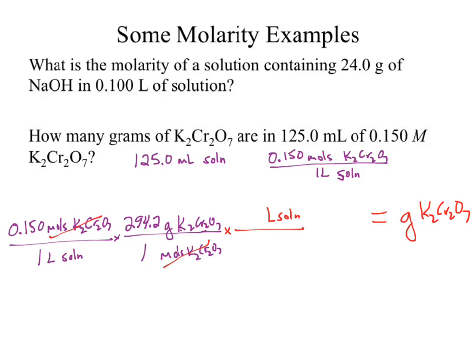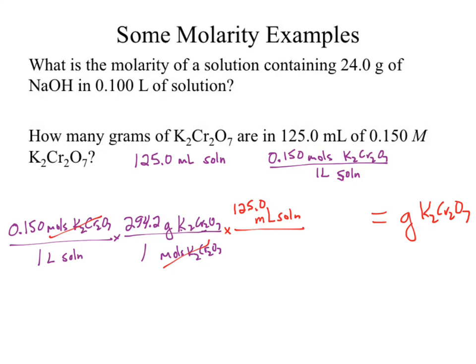Think about it first before you write it. No, I have milliliters. Okay, so I can't multiply by liters of the solution because I don't have liters of the solution. I could multiply by milliliters of the solution. I'm at least getting the volume set up where they could cancel. I just have the wrong units. Okay? What number would I put in front of milliliters? 125.0.